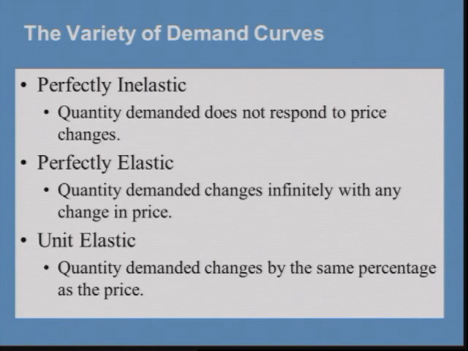We can have relatively inelastic, but this is one extreme. Another extreme is perfectly elastic. That means there's only one price that people are willing and able to pay for that particular product. If it goes up by 1 cent, then that seller is going to be out of luck. People are going to switch to something else. And that's called perfectly elastic.